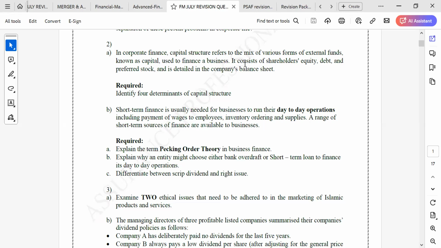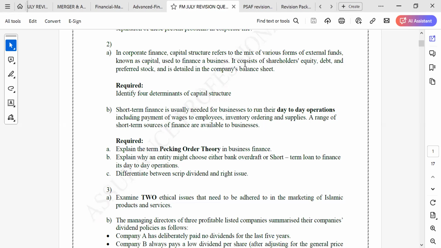So the question is basically asking why a company would choose either a bank overdraft or a short-term loan to finance its day-to-day operations. They're just talking about the advantages or the disadvantages of the two.